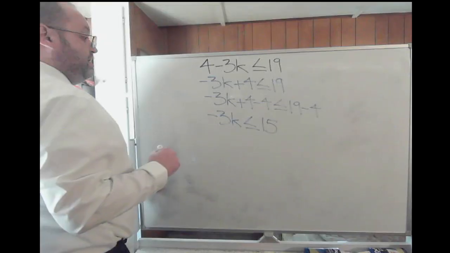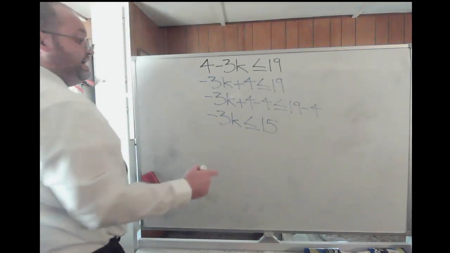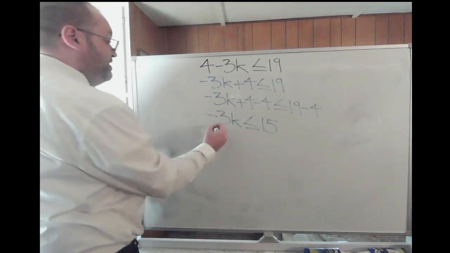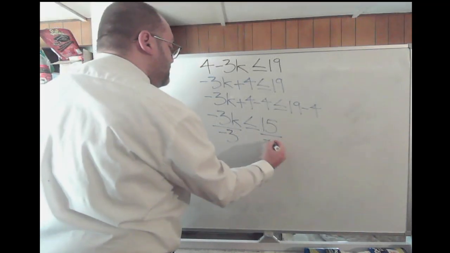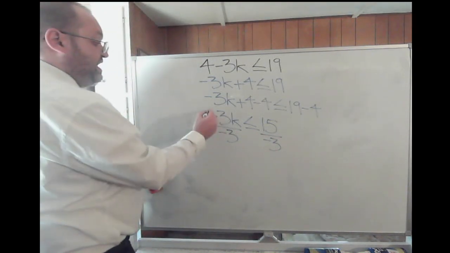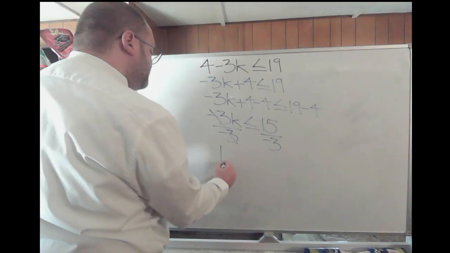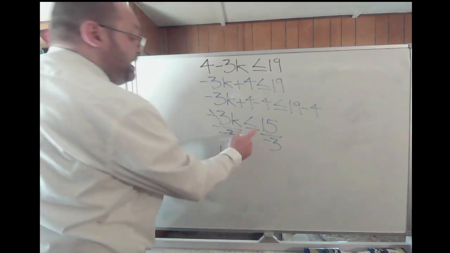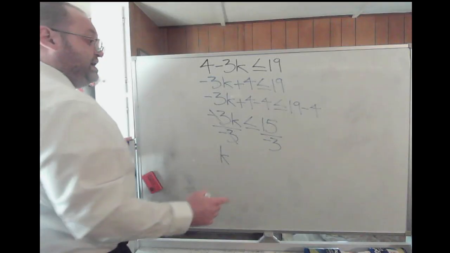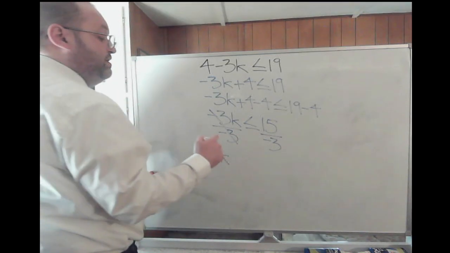Okay, well, we got negative 3k. We want to solve for just k. So you got to divide both sides by negative 3. On the left side, the negative 3's cancel out. You just have k. Now, since you're dividing by a negative, it flips the sign of an inequality.